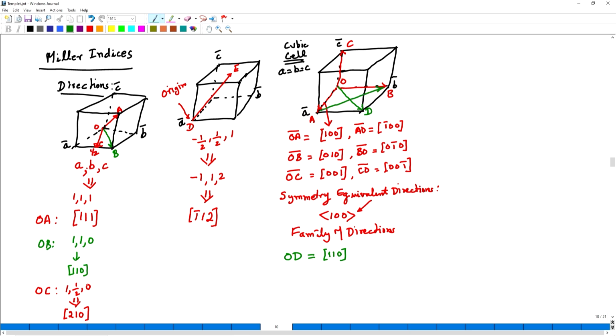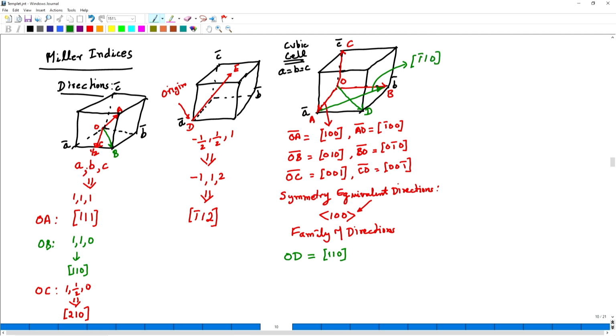Let us say this one. If I look at the Miller indices for this, I need to take the origin at point A, then there will be a -1 component along A, +1 component along B, and a 0 component along C. So, the Miller indices for this direction would become bar 1, 1, 0.